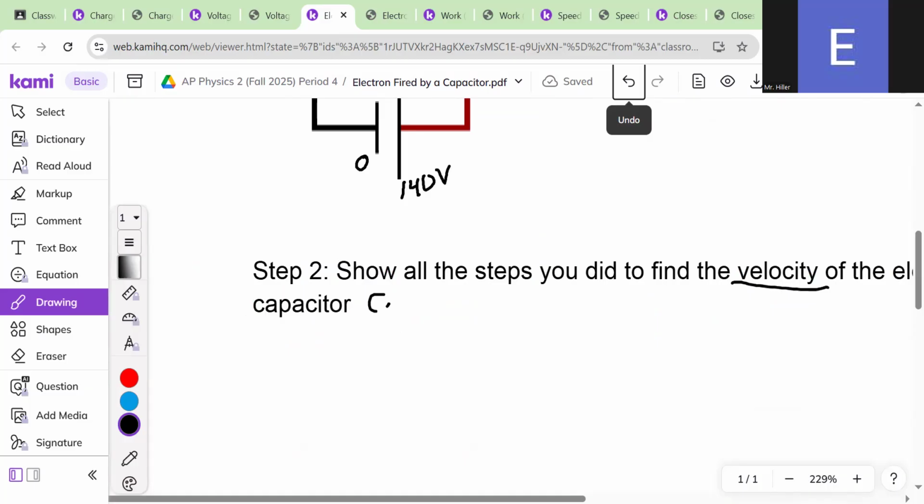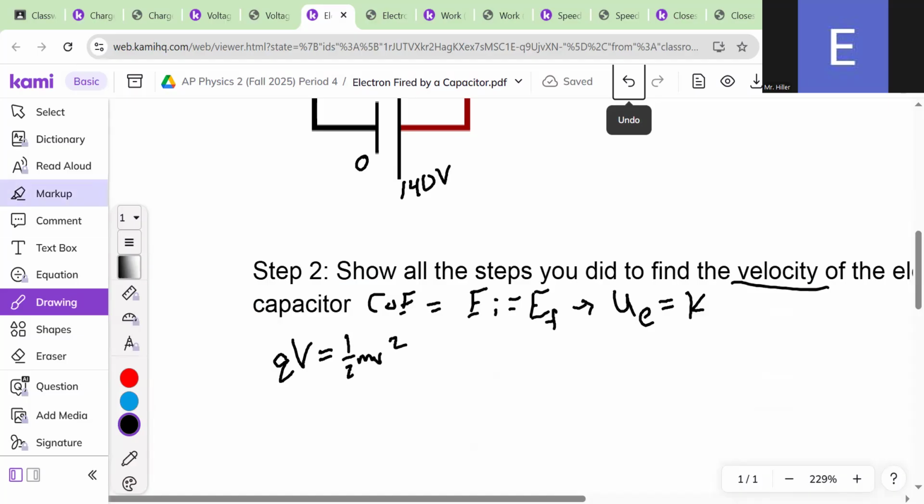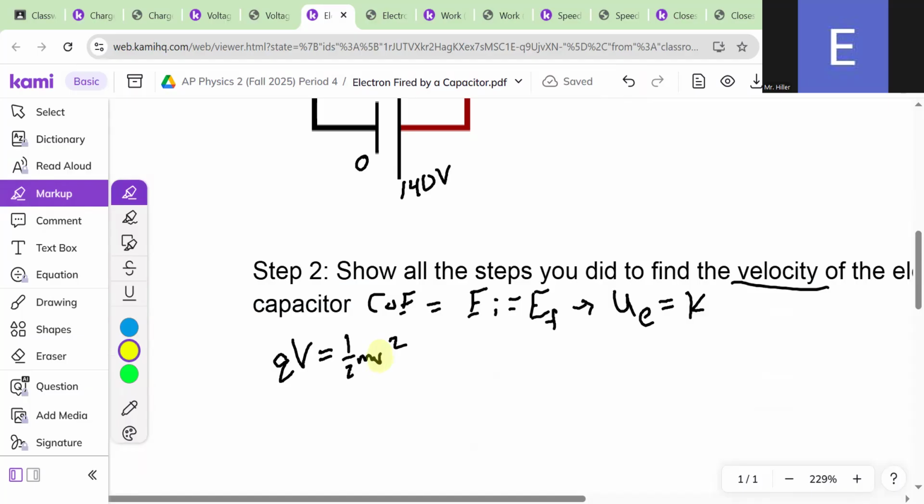Energy initial equals energy final. The initial energy is electric potential energy. The final energy would be kinetic energy as it emerges through the hole. So the electric potential energy is Q times V. The kinetic energy equation is 1/2 m little v squared. And you're looking for the speed right there, little v.